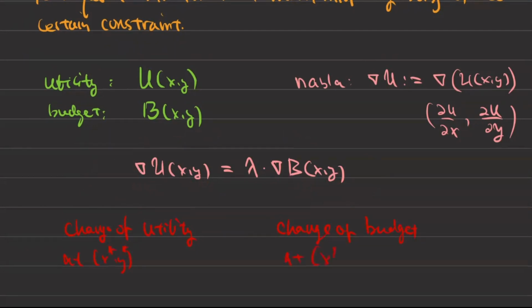At x star, y star, same on the left, same on the right. This has to be equal. So we're really setting this to be equal. And if you are able to set them equal and also find an optimal pair of x star, y star, then boom, you have your answer. And that's really how the story goes.